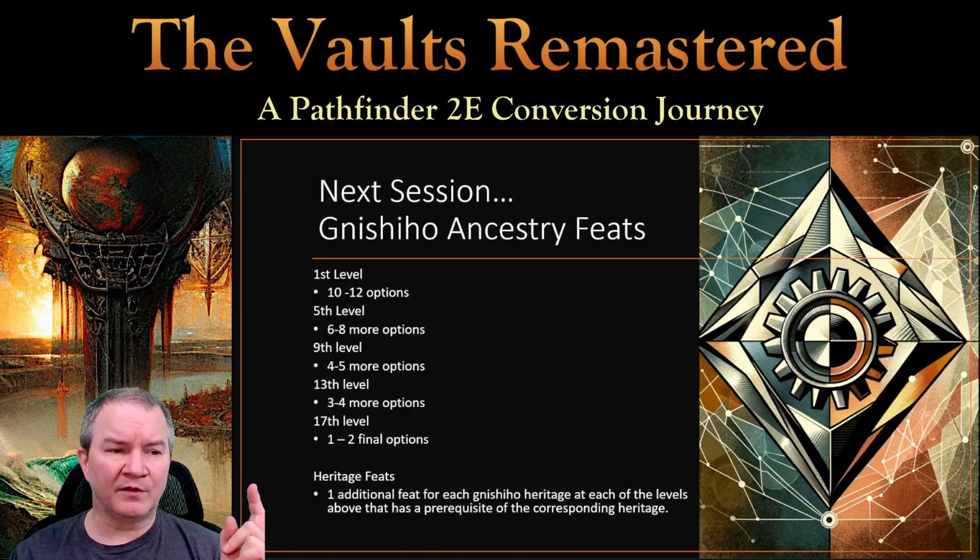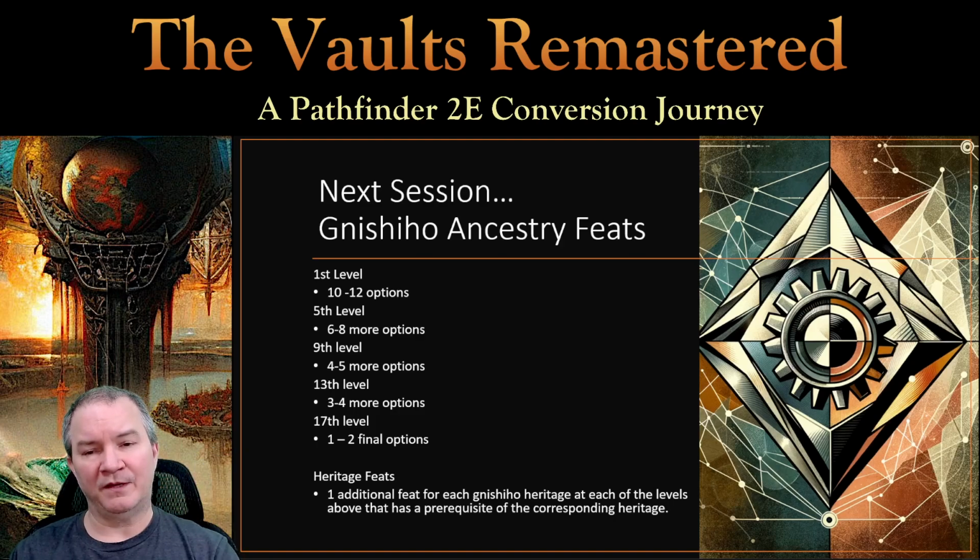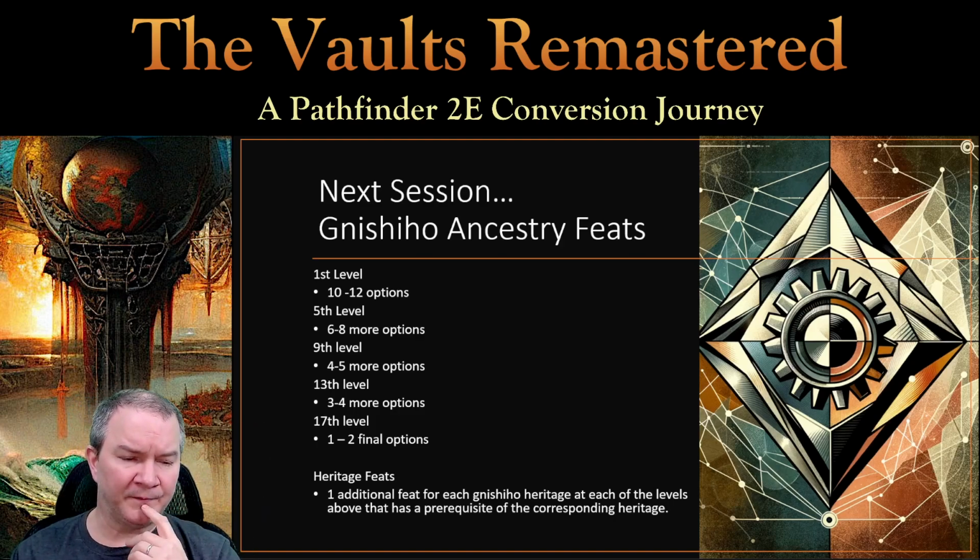I'll also give her a reference point. I will likely feed her the feats, let's say, from gnomes, and say, here are the gnome feats that currently exist. I need you to make feats that aren't those, but use those as your blueprint. And I need it to tie into my heritage.